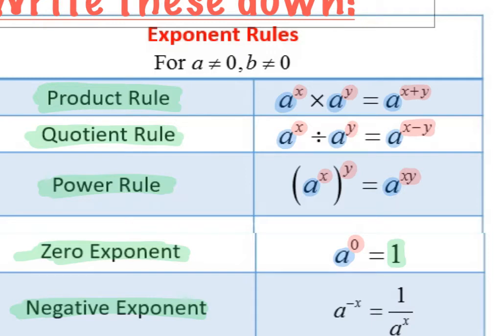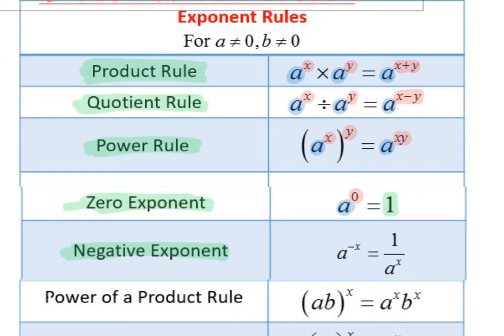But when you have anything to the 0 power, you are not going to rewrite the base at all. So make sure that you replace the entire thing with a 1. And I will be going over a couple more examples, hopefully, so that it's not too confusing.